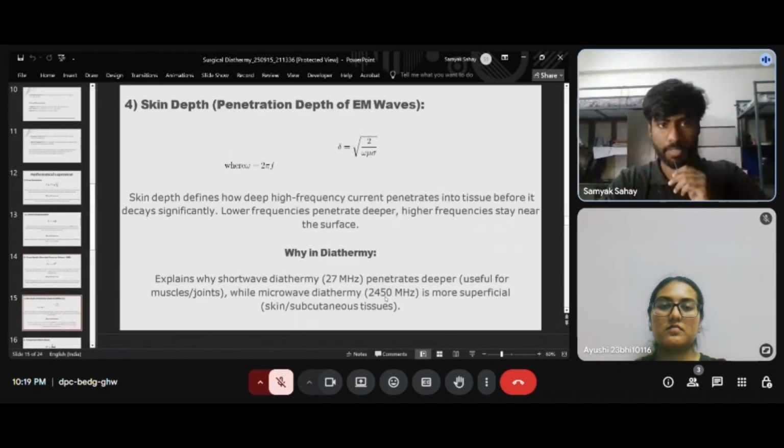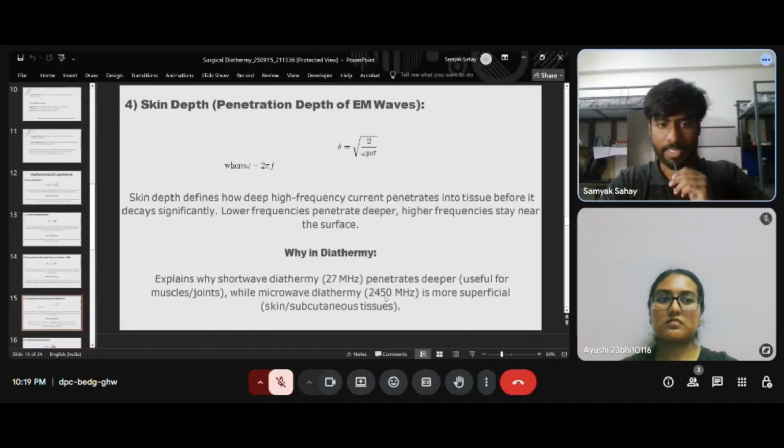Next equation, skin depth, the penetration depth of EM waves. Basically, delta is equal to the square root of 2 by omega mu sigma, where omega is the angular frequency. Skin depth is the depth at which the field decays near the surface.